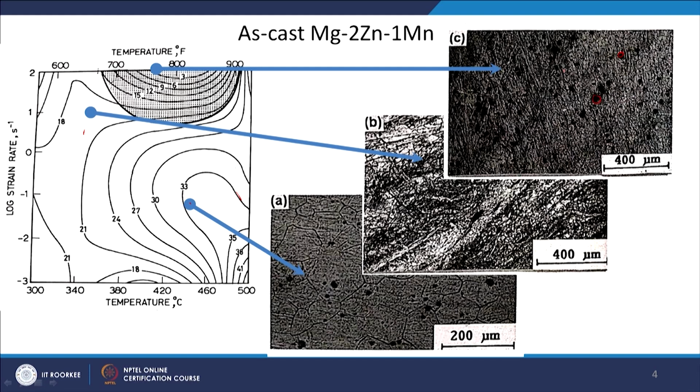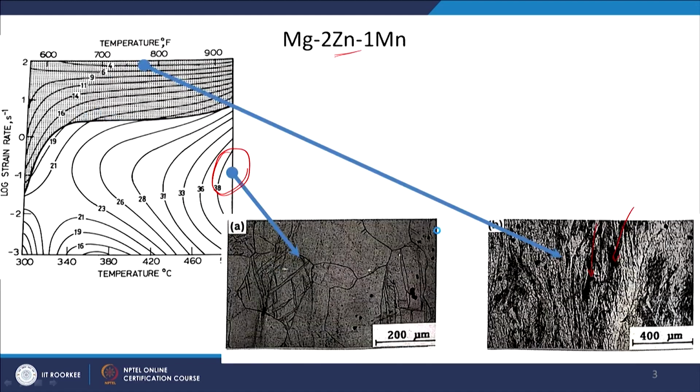The microstructure also looks like an acicular microstructure. You can see this kind of long elongated grains or acicular structure. Whereas, in this case you can see a very nice recrystallized equiaxed microstructure. So, this is for the same alloy, but in as cast condition. The earlier one, if I am not wrong, was in homogenized condition.